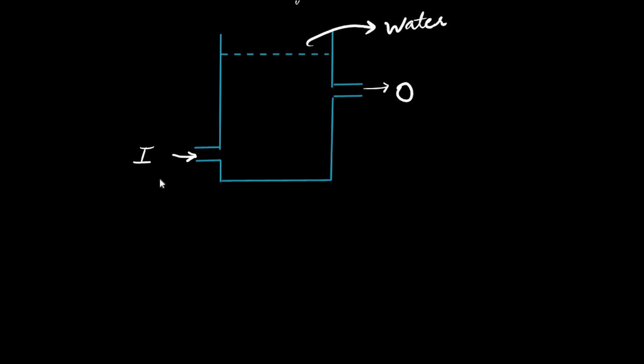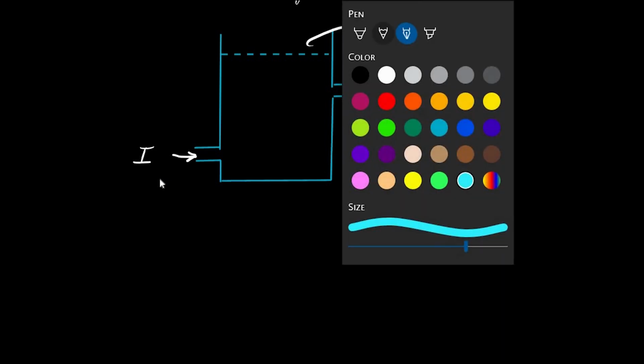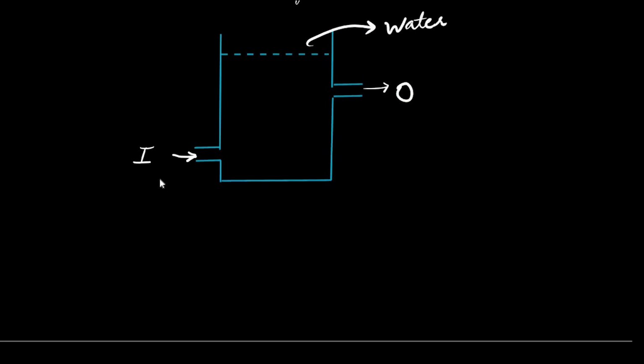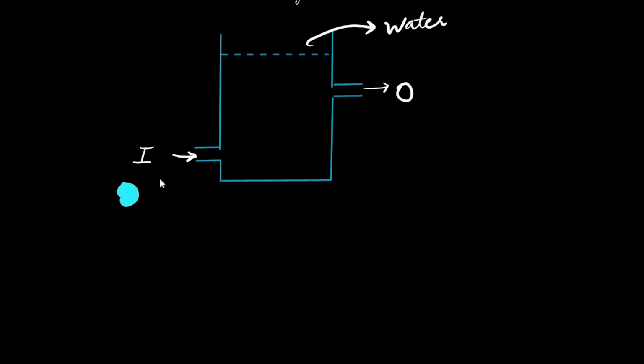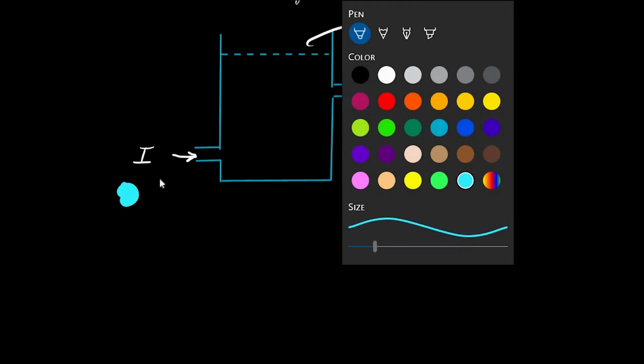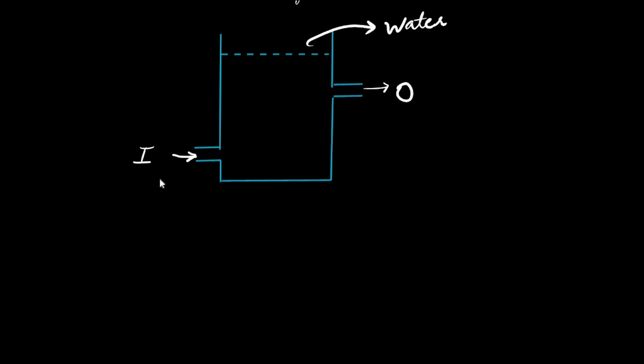Let's say that there is no accumulation. Let's say 5 kg or 5 liters of water is flowing inside and 5 liters of water is flowing outside. 5 kg is flowing inside and 5 kg is flowing outside.